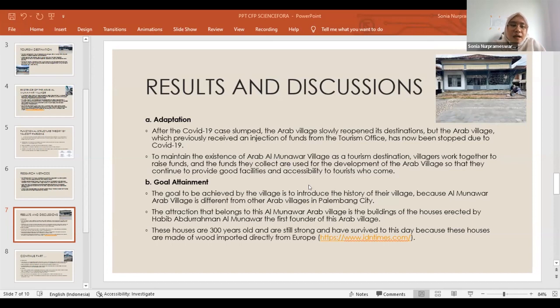As you can see in the pictures in my slides, there are buildings that were erected by Habib Abdurrahman for the first time. And the houses are 30 years old and still strong until today and have survived to this day because these houses are made of wood imported directly from Europe, America, and elsewhere.